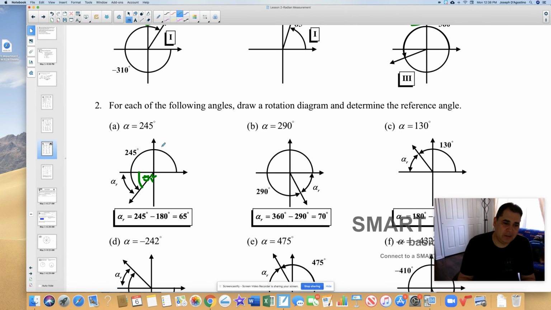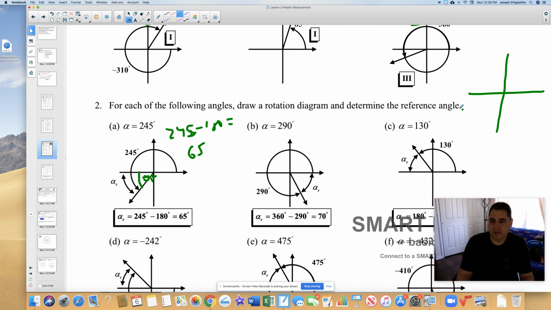So if I have an angle of 245, my reference angle is going to be 245 minus 180, which in this case is 65. So if you're in the third quadrant and you want to find your reference angle, it's going to be angle minus 180.